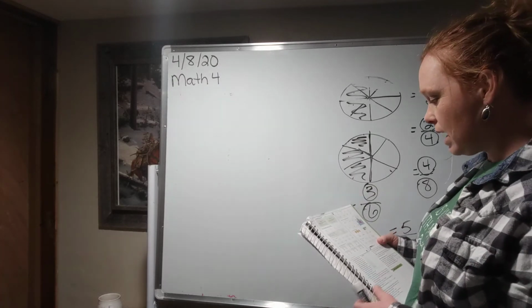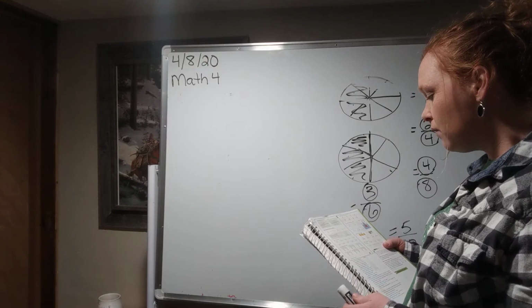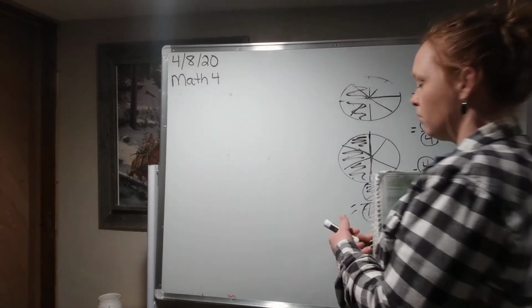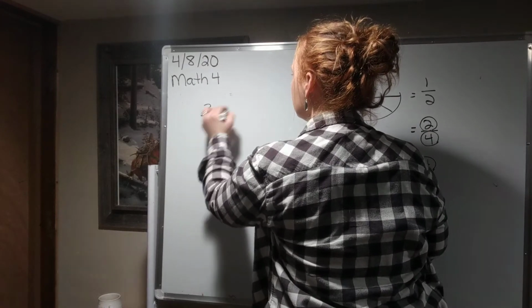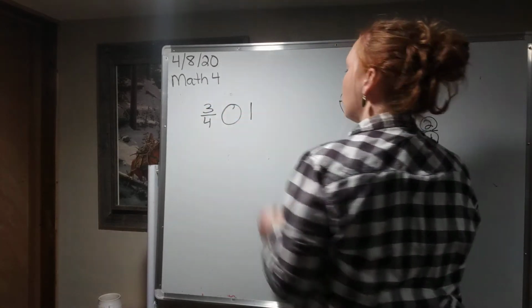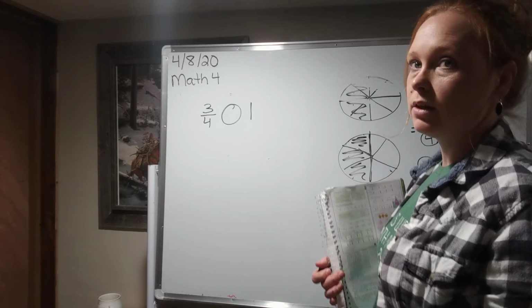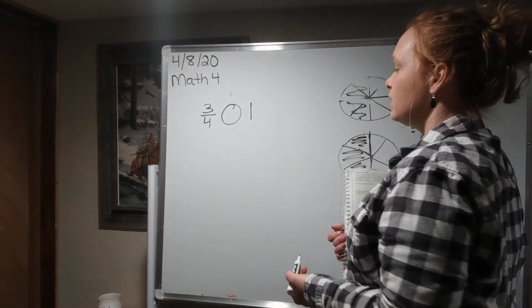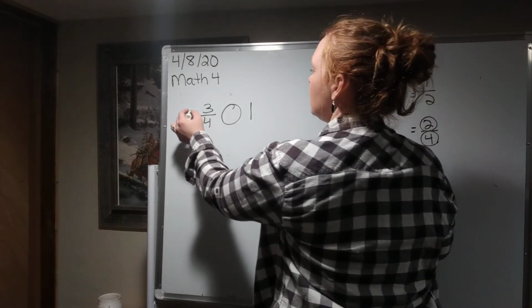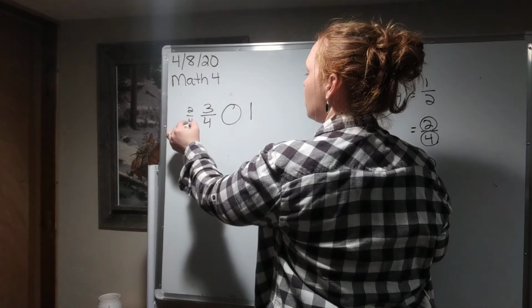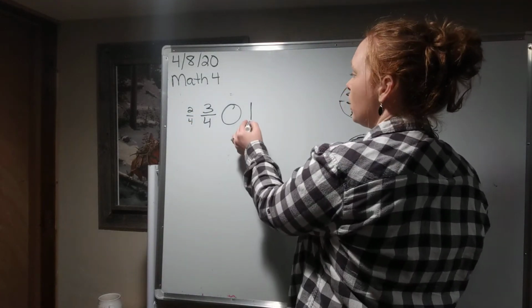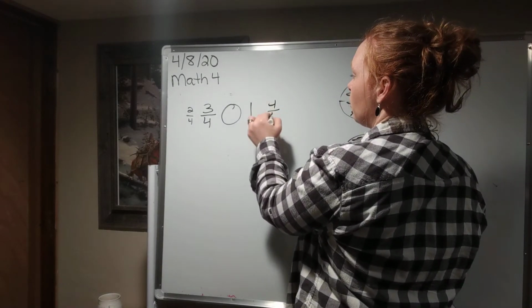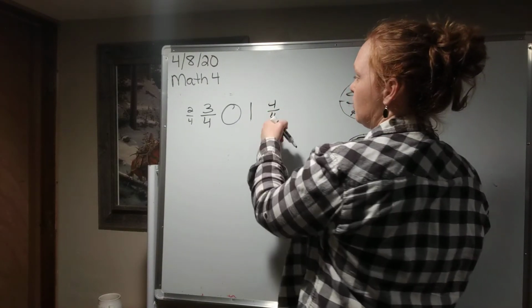Number 2 says 3/4 compared to 1 whole. Well, there's a couple different ways we can look at this. One is we can say, well, 3/4 is really close to 2/4, which is about a half, and we could say, well, 1 whole would be 4/4, wouldn't it? That would be bigger.